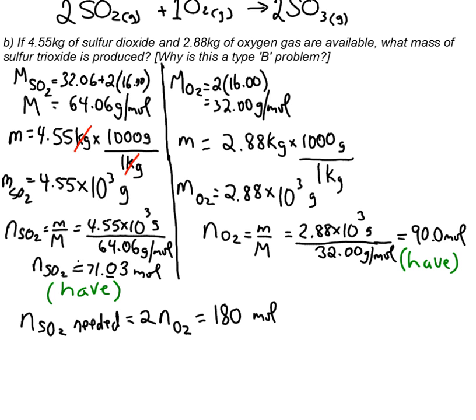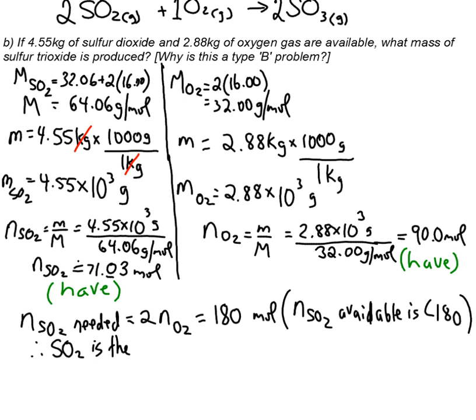Then you can say moles of SO2 available is less than 180. Therefore, SO2 is the limiting reagent.